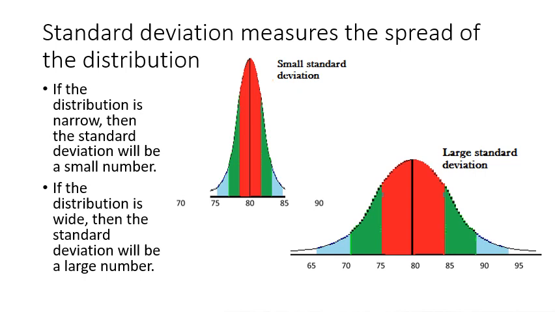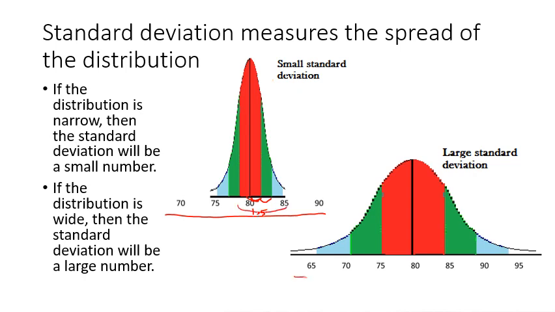In this case, in the top graph that says small standard deviation, these colored lines represent the deviation. And you can see that it's very small. The spread goes all the way from 70 to 90, but this is a standard of how far the scores deviate from the mean, as is this. And it's about maybe 1.5 for the standard deviation.